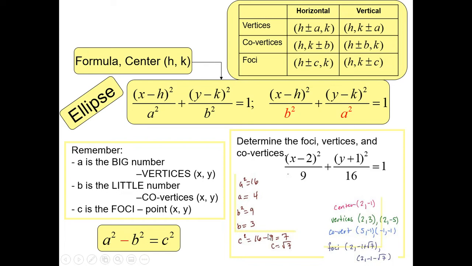And then K, which is -1. And then your co-vertices and your foci. So I'll let you figure this out. I don't want to go through each one of these individually. That will take too long. But you can figure that out on your own using these formulas up here.